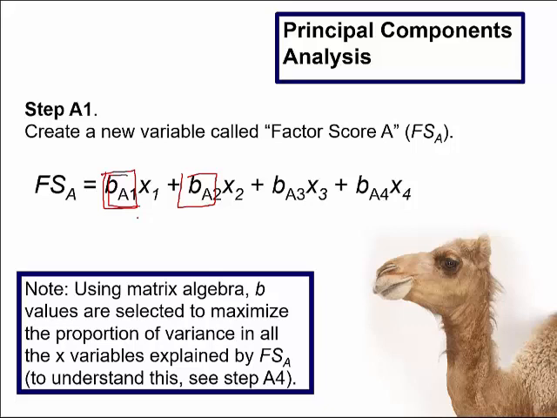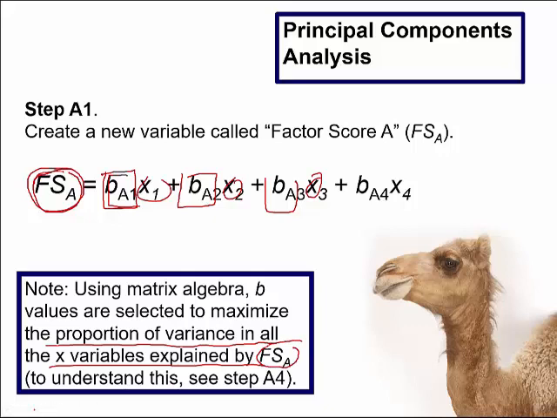And recall that I said what we do is we want to use matrix algebra and figure out what system of weights will produce a factor score that will explain as much as possible of the variance in our original X items. And so I talked about how we use this matrix algebra procedure to maximize the proportion of variance in all the X variables that is explained by that factor score.